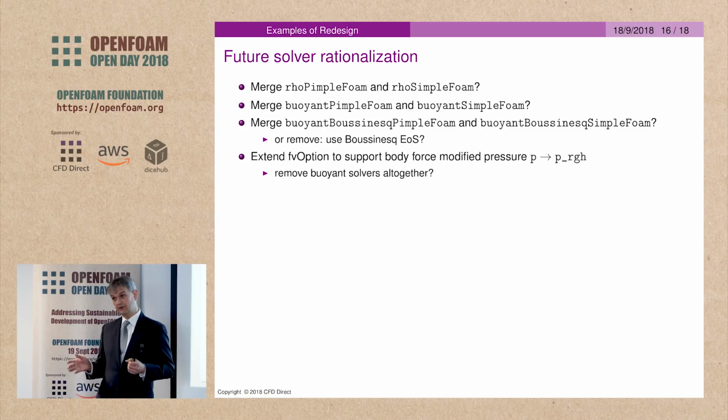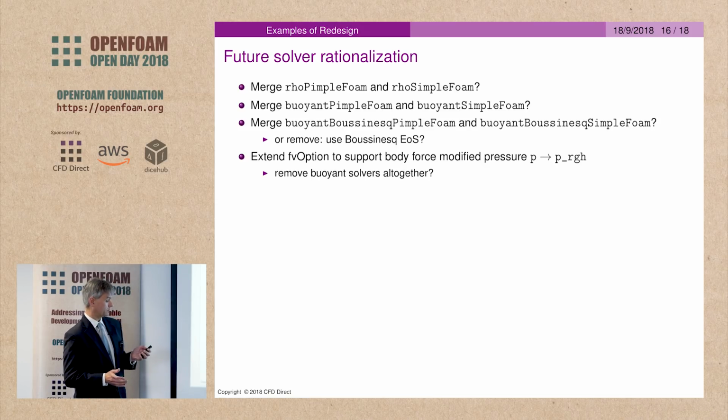We could take that further. We could merge more solvers. We could merge rhoPimpleFoam and rhoSimpleFoam. But should we? I mean, the code duplication here is not so bad as with the CHT case, but we could do it. We could merge the buoyant solvers. Should we do that? How about the Boussinesq solvers?